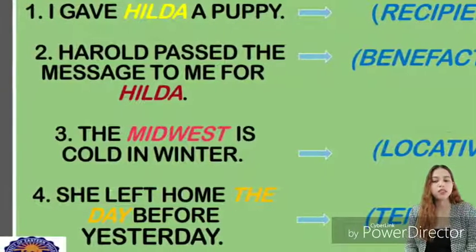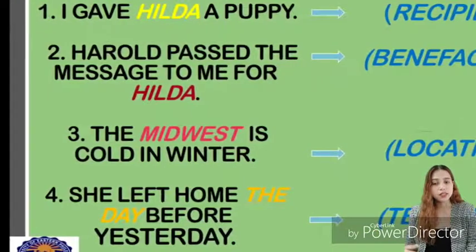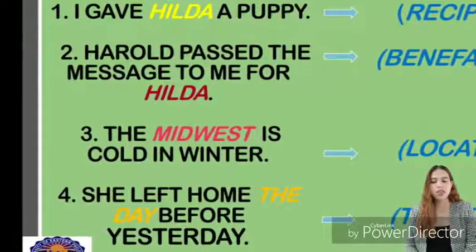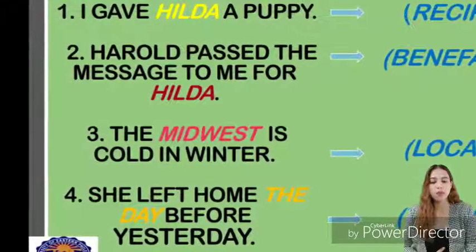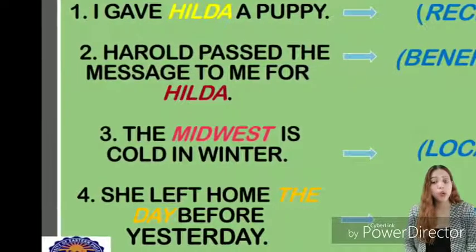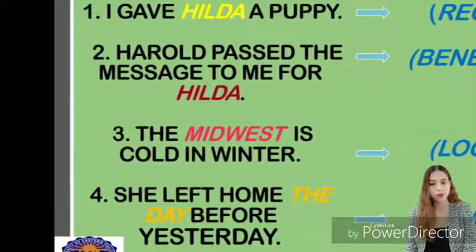Next we have, the Midwest is cold in winter, so it's locative. Where is the winter cold? It's in the Midwest. And then the last sentence, she left home the day before yesterday. So when did she leave the home? That is the day before yesterday. So the day is temporal.